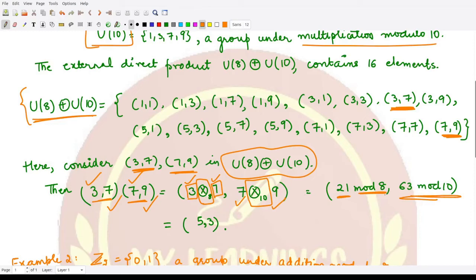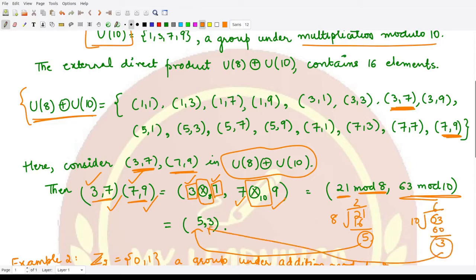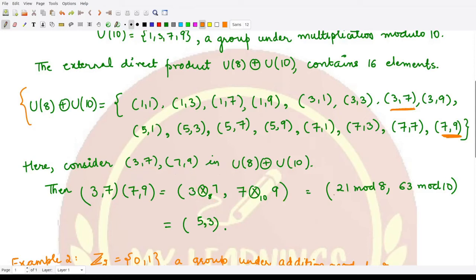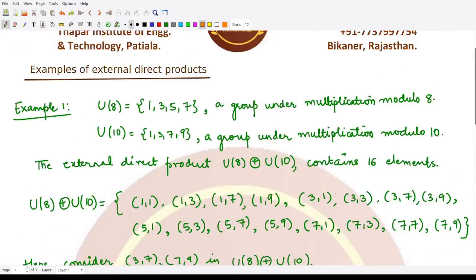Now 21 mod 8: when you divide 21 by 8, you have 5 as the remainder. So 5 is the answer for the first term. Similarly, when you divide 63 by 10, you have 3 as the remainder. So 3 is the answer for the second term. This is how we perform the computation in these external direct products. I hope you get a pretty good idea here.